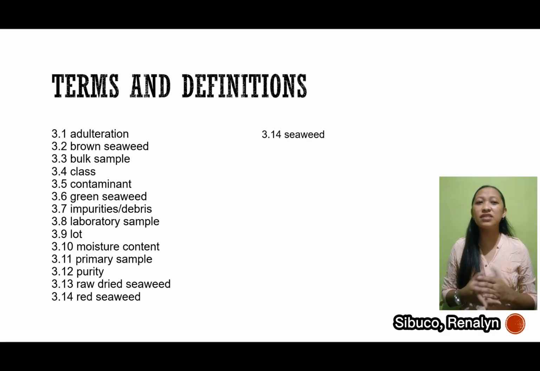It is characterized by the presence of chlorophylls and phycobiliproteins. And lastly, seaweed. It is macroscopic algae belonging to phylum Chlorophyta, Ochrophyta, and Rhodophyta. It also applies to species both with food and non-food application.